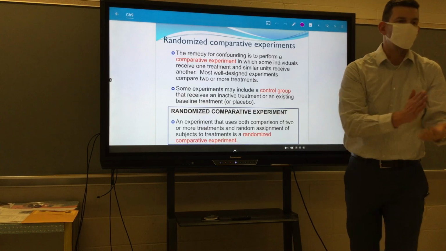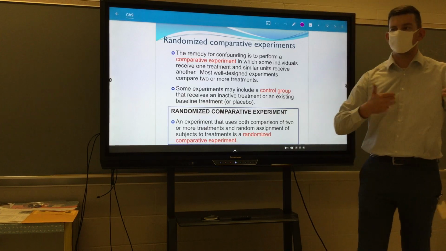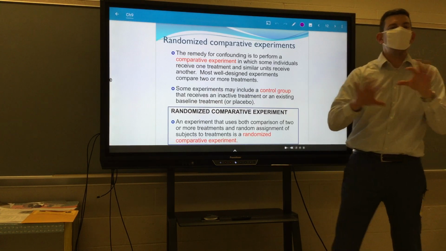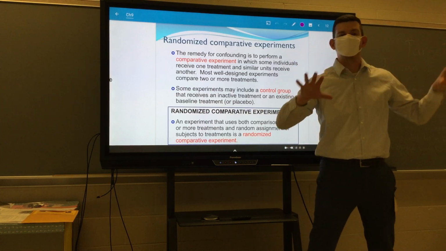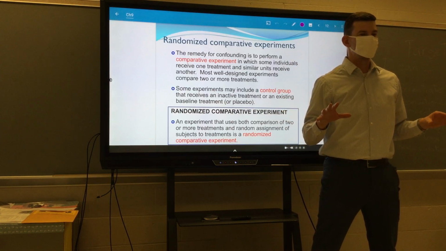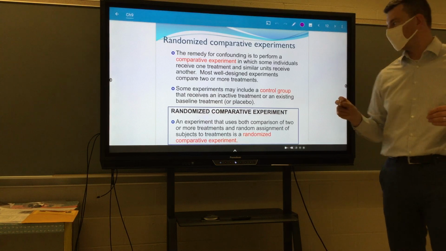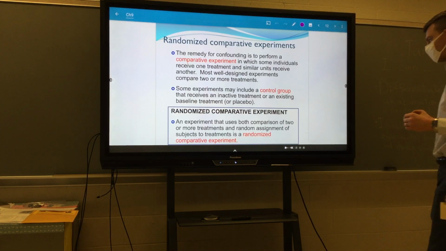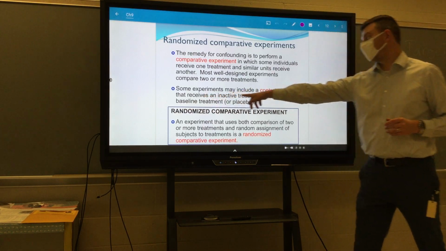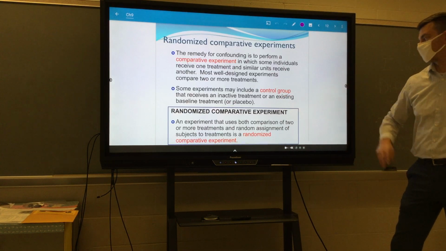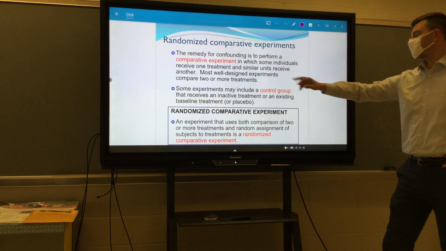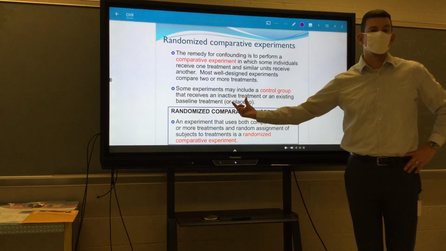No, we want our own control group that we can make our own comparisons with, because we want everything to be as balanced and even as possible between these two groups that we're comparing. Now, that control group oftentimes receives an inactive treatment or an existing baseline treatment or a placebo.